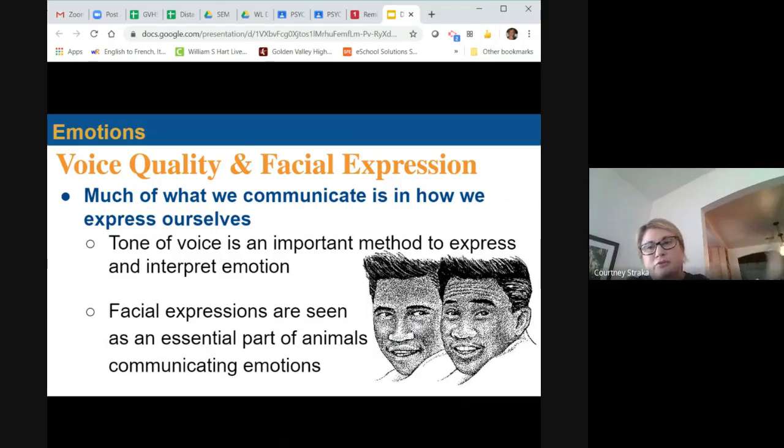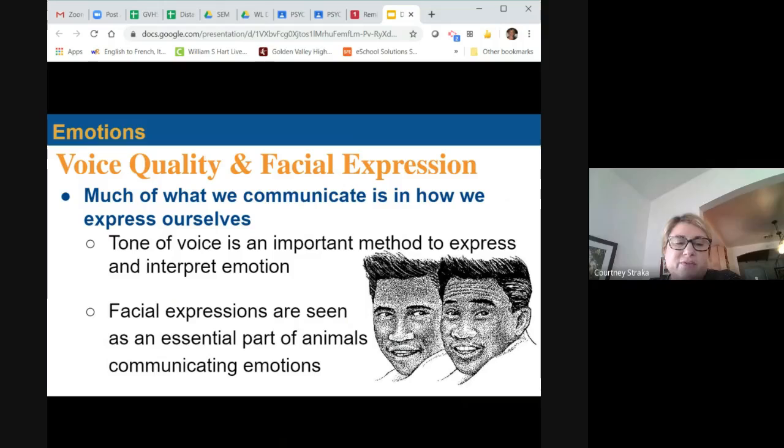We use tone of voice as animals. We use that so that others understand the emotion behind what we're saying. But as a species, we can use the words that we're saying and the quality of our voice to express emotion.